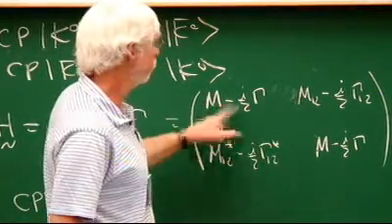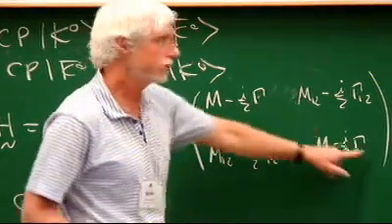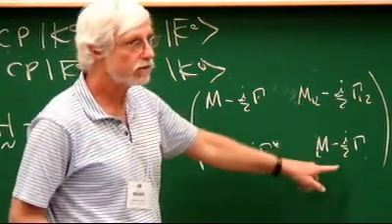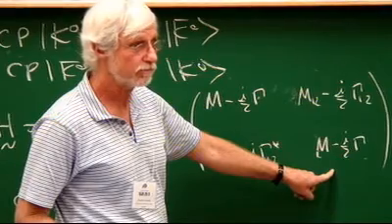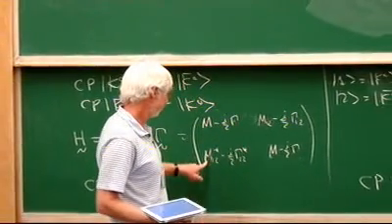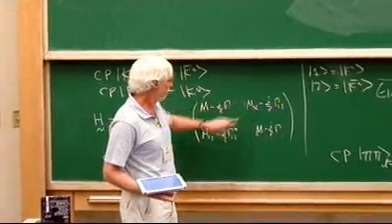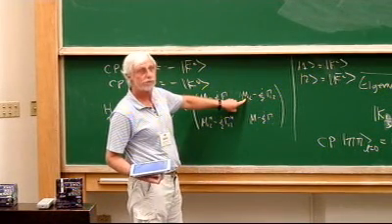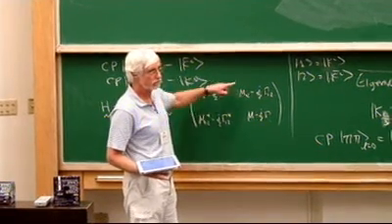M is real along the diagonal, and gamma too, because it's a Hermitian matrix, and along the diagonal that means the terms are real. But M12 only needs to be, the Hermiticity of course just tells you that this element here is the complex conjugate of that. And CP invariance tells you that they're real.